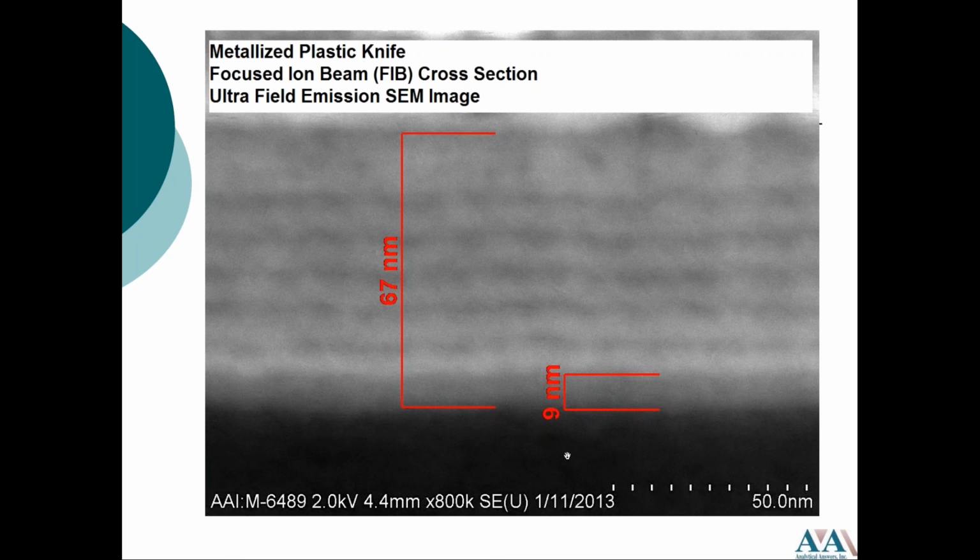The oxides that grow on the surface, the near surface region, help in the corrosion resistance and help with biocompatibility. And so here, characterizing the oxides that grow on the surface of metals becomes crucially important.